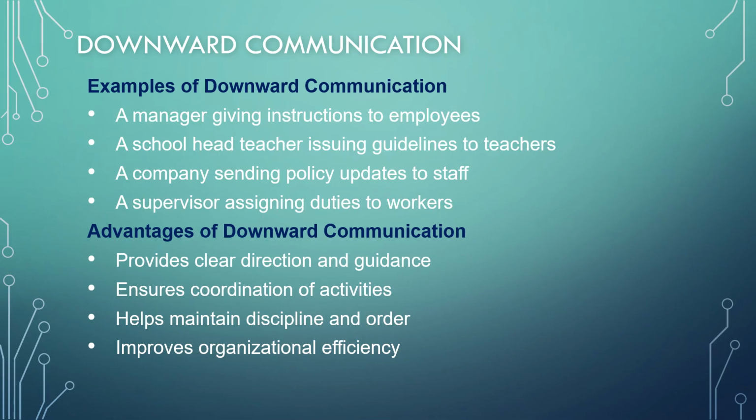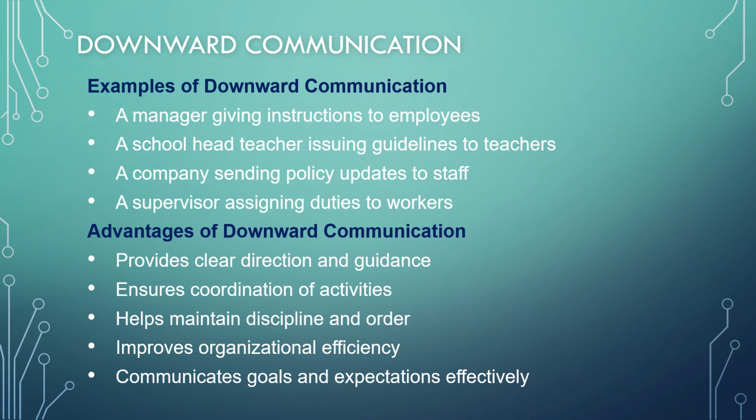When downward communication is effective in an organization, then there will be an improvement in organizational efficiency. Then the same downward communication helps to make sure that goals and expectations are communicated effectively, and this is very important.